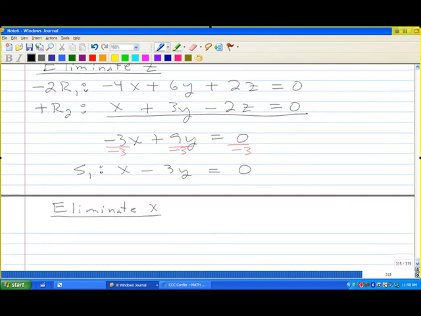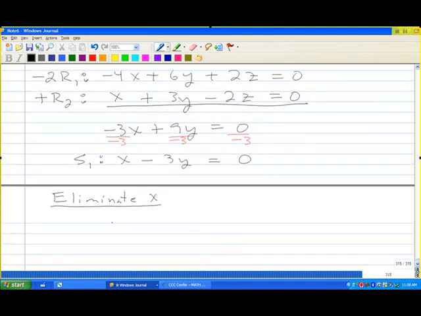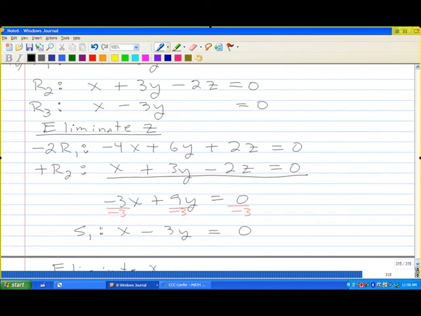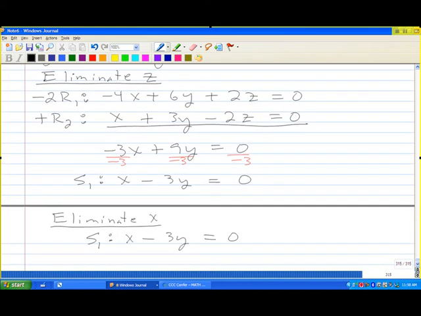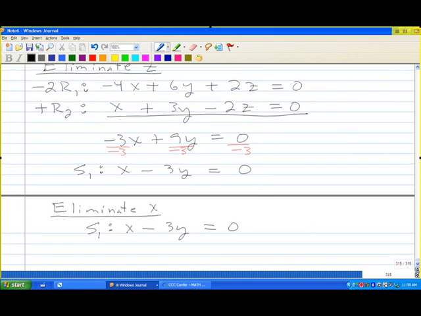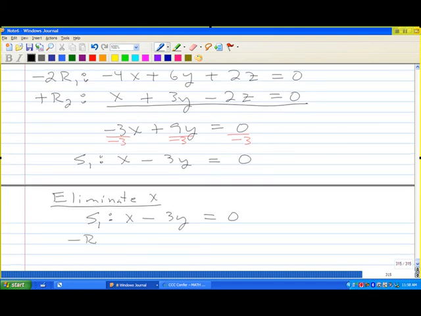And so I'll take S1 and I'll take R3, multiply R3 by negative 1.